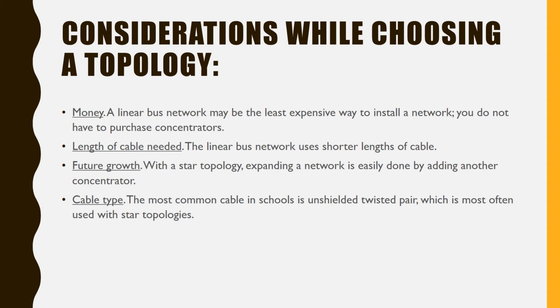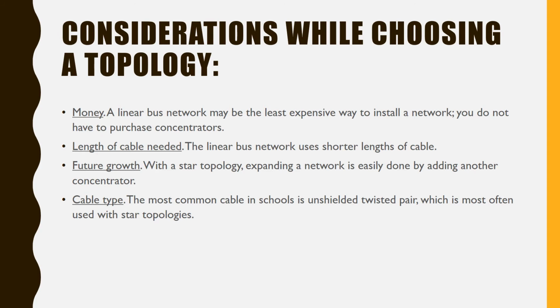If we keep the criteria of cost as the priority, then it is recommended that you have a bus topology, because the bus topology needs only a single wire to create a network.